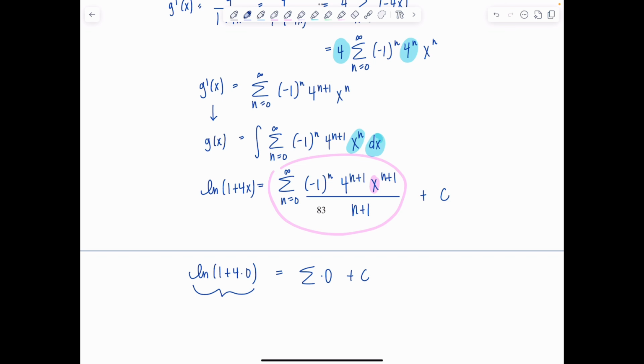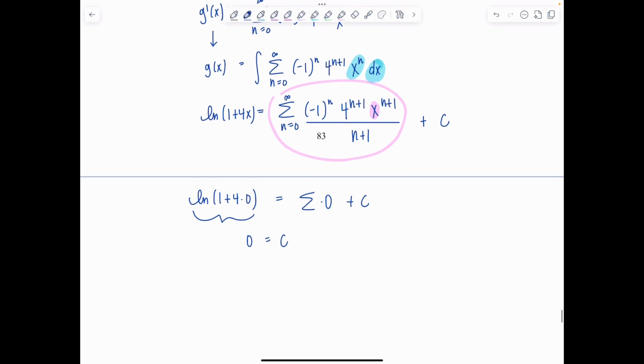And ln of 1 is 0, so c is 0. Okay, cool. So then I can say g of x is the sum, n equals 0 to infinity, negative 1 to the n, 4 to the n plus 1, x to the n plus 1 over n plus 1. And this g of x is ln 1 plus 4x.